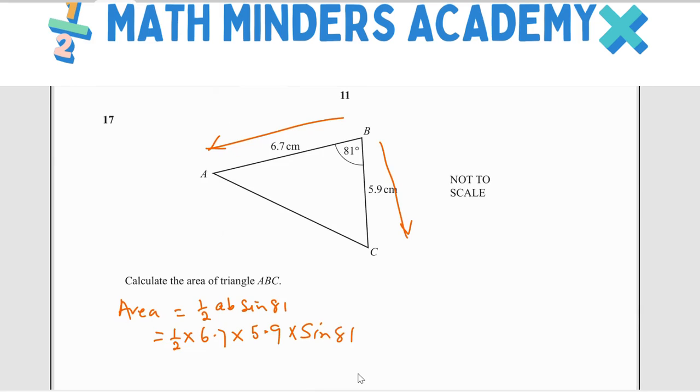Now, when we work on that together, if you multiply out using your calculator, you are going to get 19.52166.